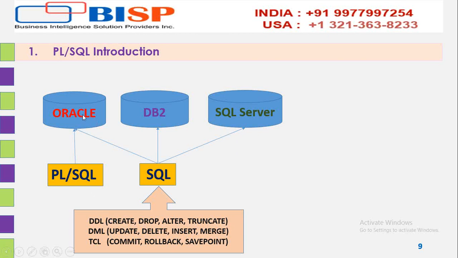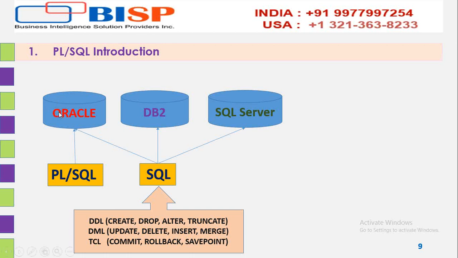Here, let us take Oracle now. DDL: if you want to store the data, we need to create objects, like a DB object, such as tables, views, materialized views, and other things. All the different types of database objects are present here. For that, we need to create a space to store the data, for example an employee table.